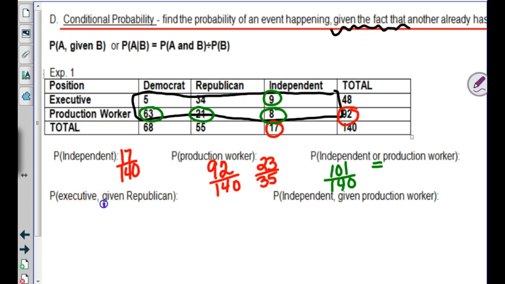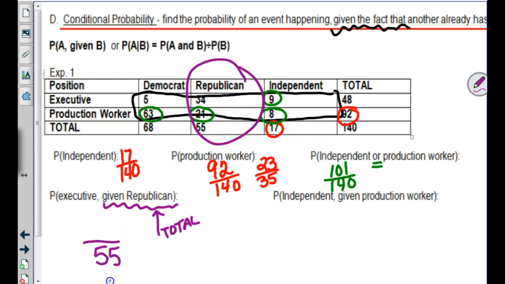When it says given, guys, this is telling you the total. Okay, executive given that they're Republican. That means you can only say out of these 55. Because given they're Republican means you are only looking at these 55. So executive would be 34 out of 55. Everybody all right?